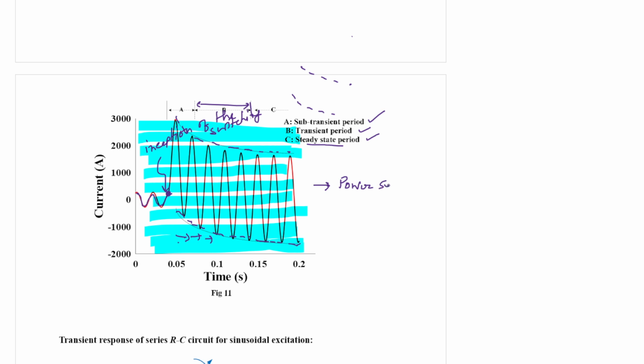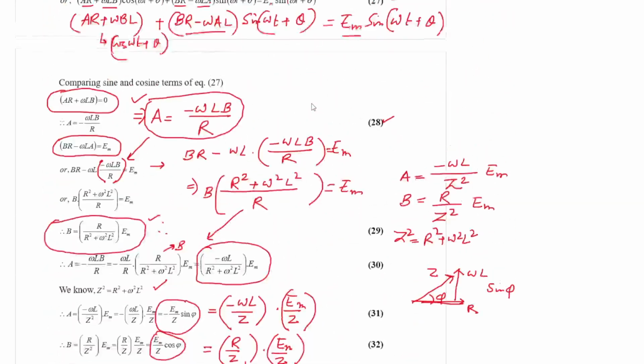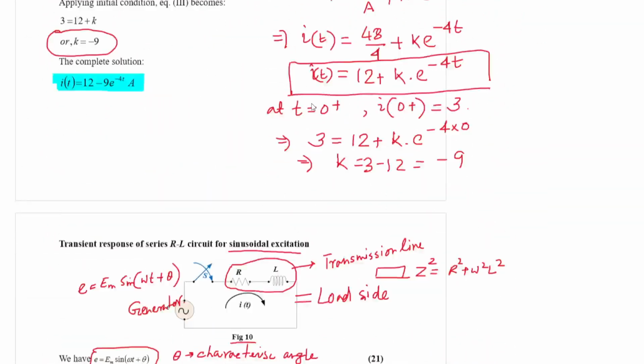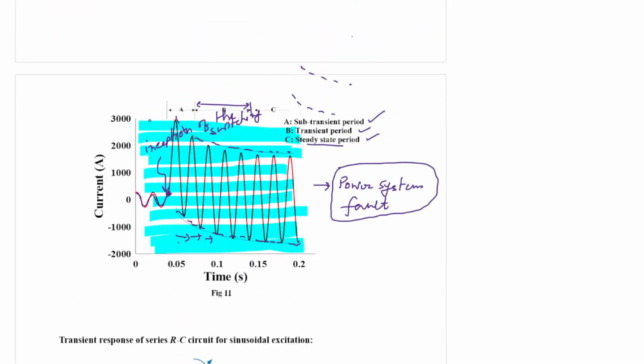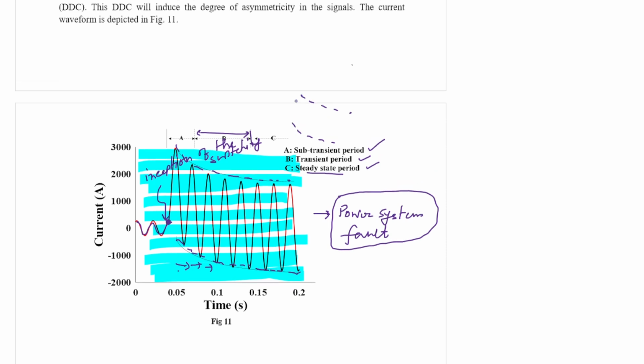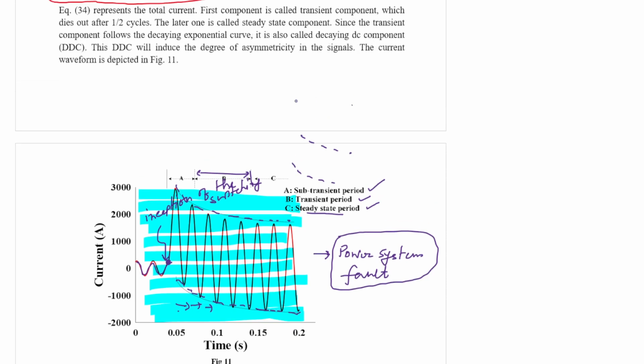Fault is a very transient phenomenon, so whenever a fault occurs in an electrical system, with this series RL network that mostly resembles our electrical network, we should get the current waveform in this fashion. So it has a subtransient period, transient period, and steady state period.